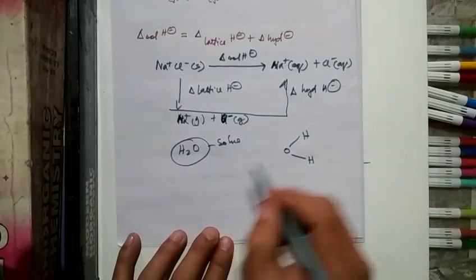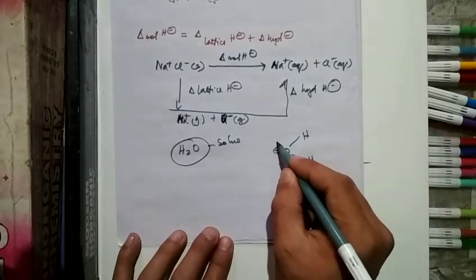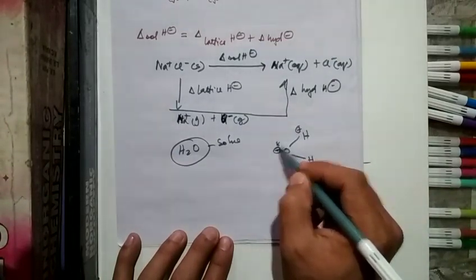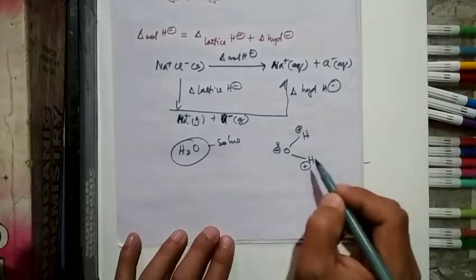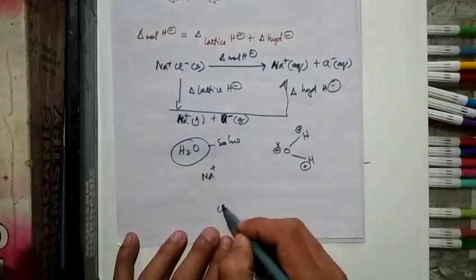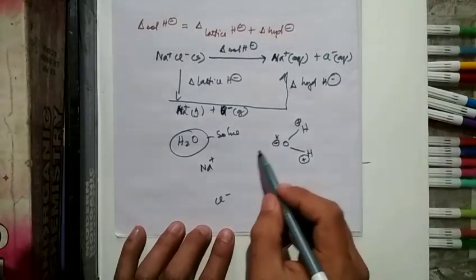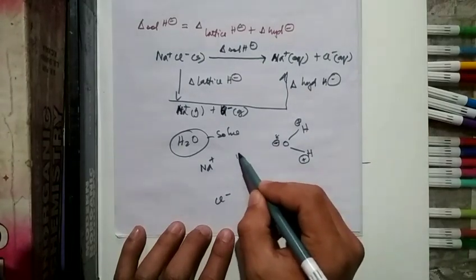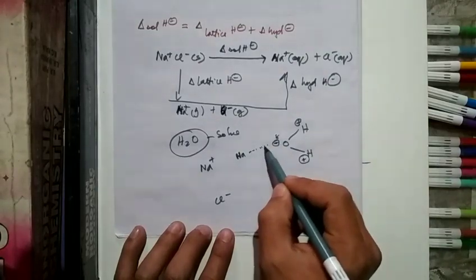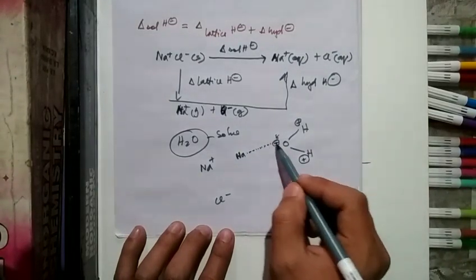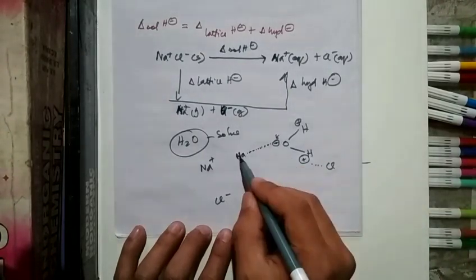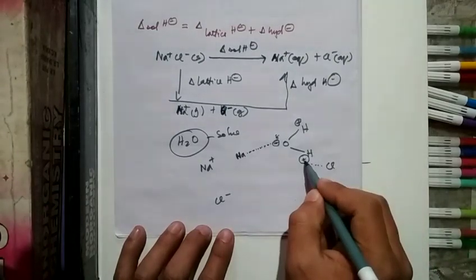We know that oxygen is slightly negative and hydrogen is slightly positive. So this NaCl will break into Na plus and Cl minus ions, and they will form bonds. In this case there will be interaction between Na and O, and Cl and H.